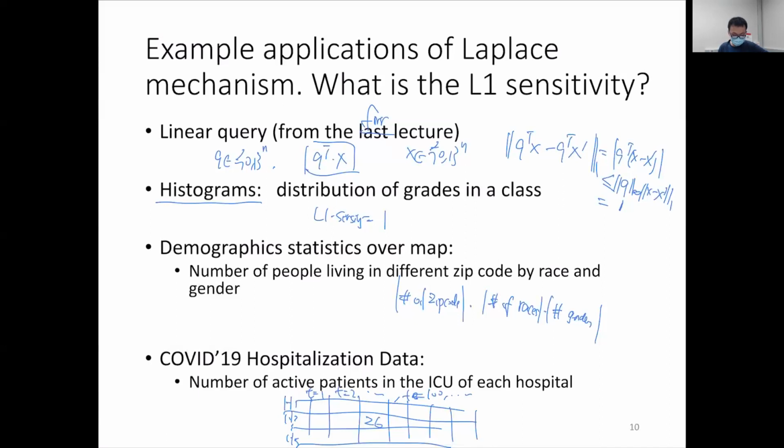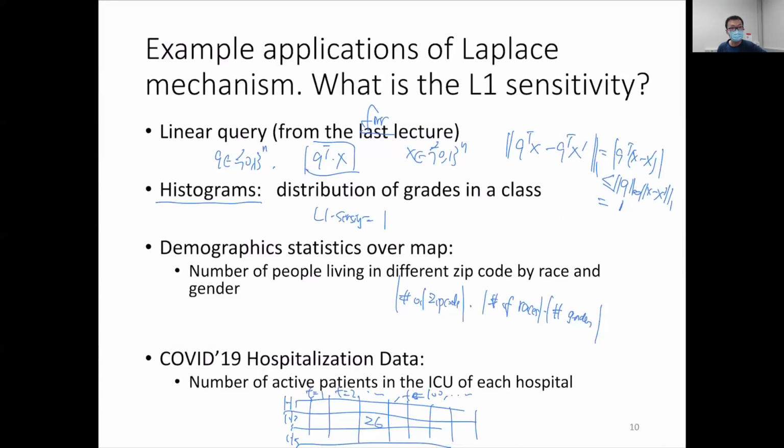And in the third column, we put the number of additional patients that come in on the third day. Suppose we do this kind of transformation of the data, then what is the sensitivity of the query that releases the daily new patients that enter and exit the ICU?